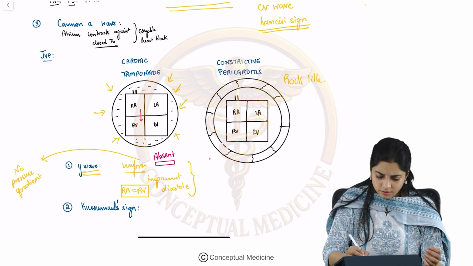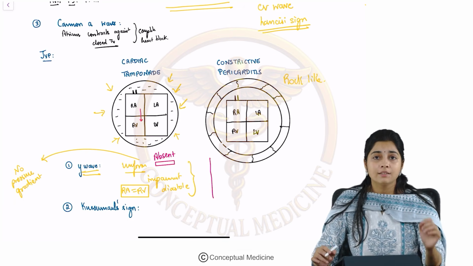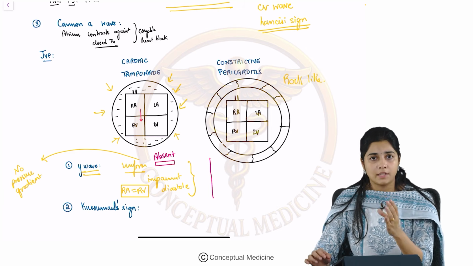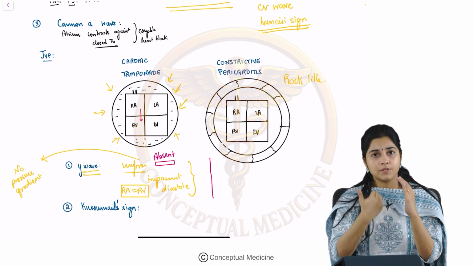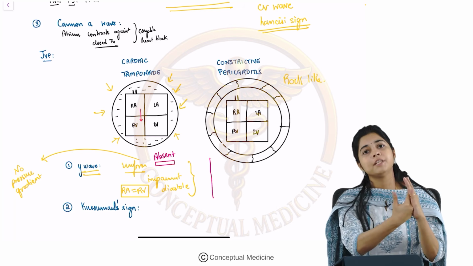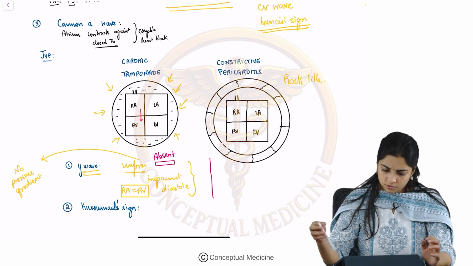Okay. Now how does it differ from constrictive pericarditis? We had just learned that in constrictive pericarditis, the pericardium becomes rock-like, right? So when this is your pericardium, this is your RV. When the blood flows from the RA, the RV dilates up to a point where it hits this rock-like pericardium and it stops. So what does that mean?